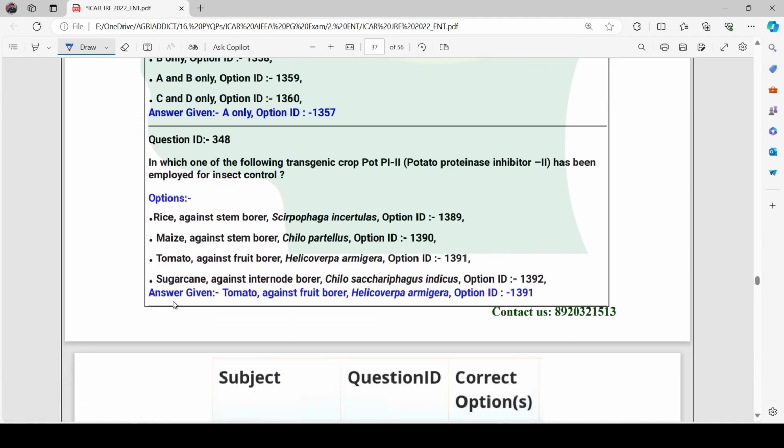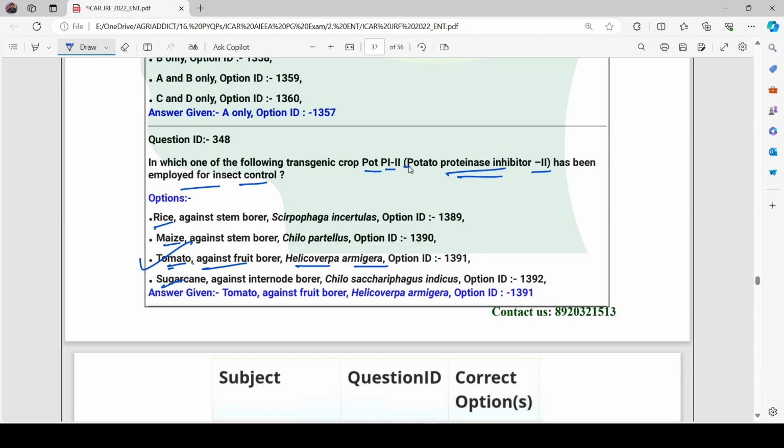So the last question, that is, in which one of the following transgenic crops POT PI2, potato protease inhibitor 2, has been employed for insect control? So potato is a solanaceous crop. Okay, rest you can see there are rice, sugarcane and maize. All the field crops are there, and only one crop, that is tomato, is of the same family as potato. So here tomato, that is against Helicoverpa armigera, tomato fruit borer, this potato PI2, potato protease inhibitor 2, has been employed.